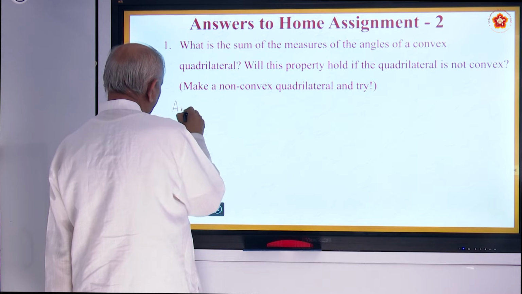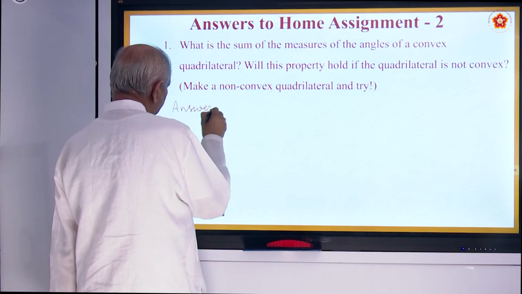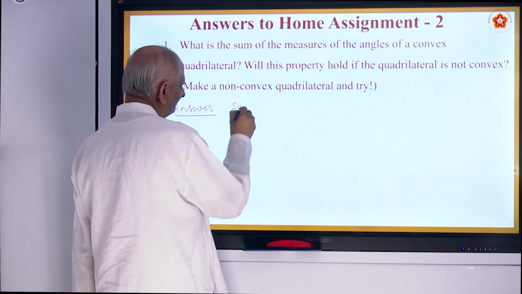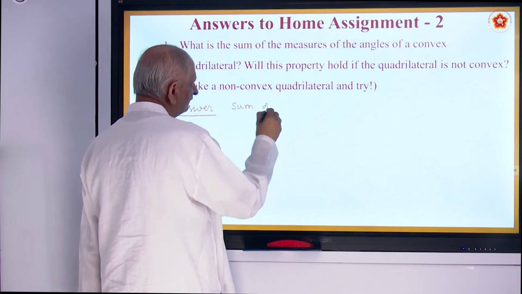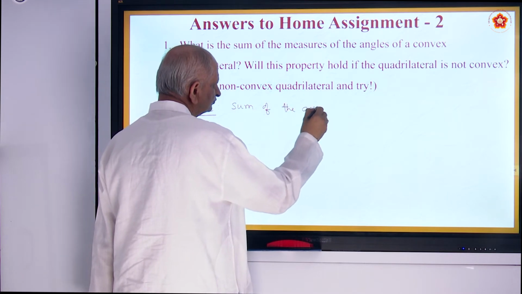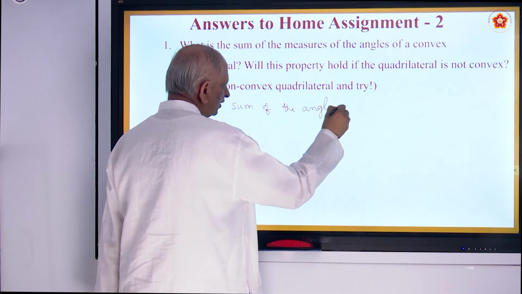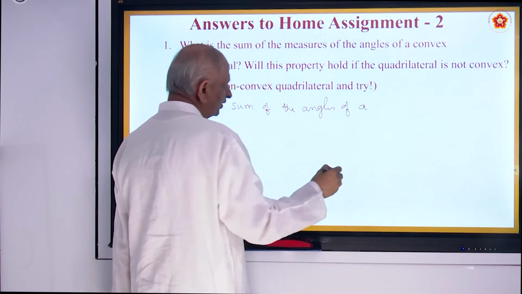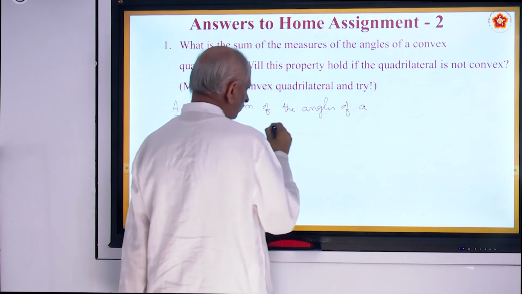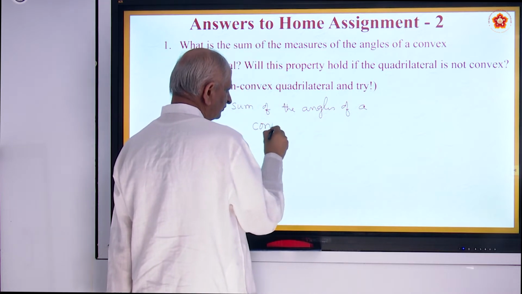So, the solution for the first question. The sum of the angles of a convex quadrilateral. What do you mean by quadrilateral?